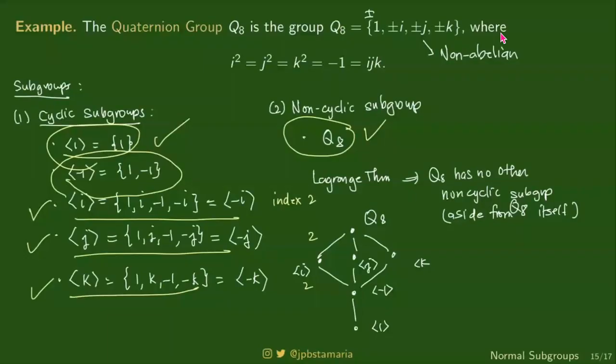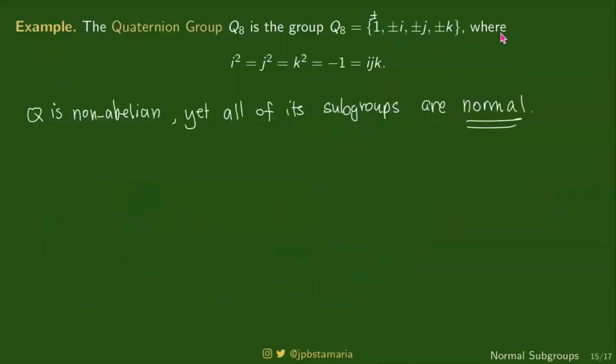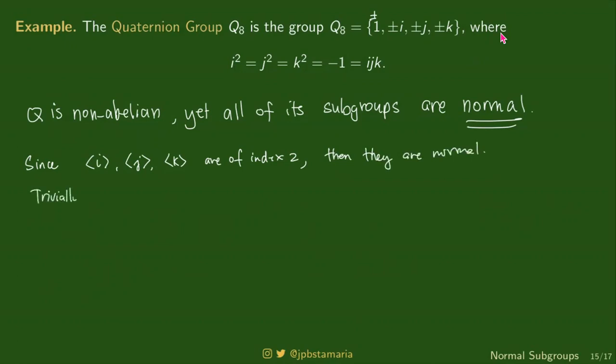By the way, since these are of index 2, then they are normal. And trivially, Q8 and this one is normal.